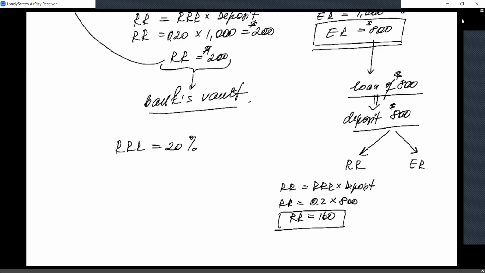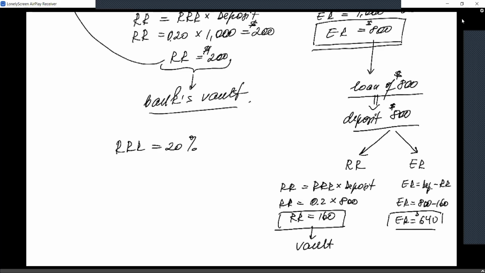But $160 is not the entire deposit I made. So the excess reserves are deposit minus required reserves. Excess reserves will be 800 minus 160, and it will become 640, right? Out of my $800 deposit, 160 goes down into the bank's vault and stays there.